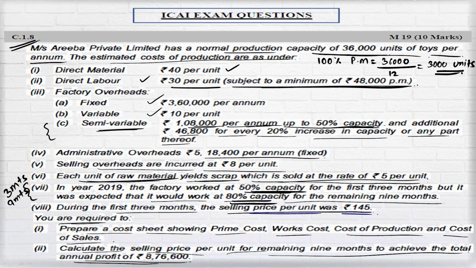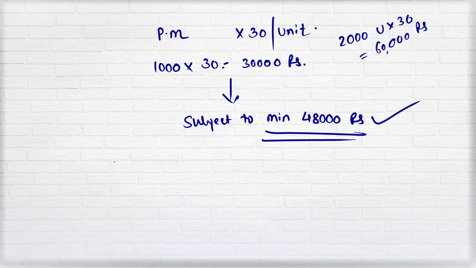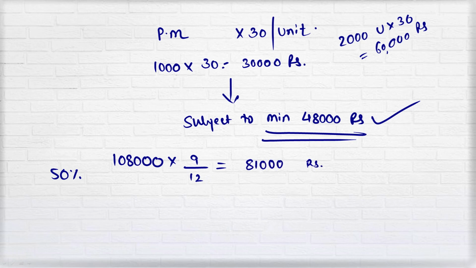So it is 1,08,000 per annum up to 50% of capacity, into 9 divided by 12. So this will be your minimum cost. 1,08,000 into 9 divided by 12 is 81,000 rupees.